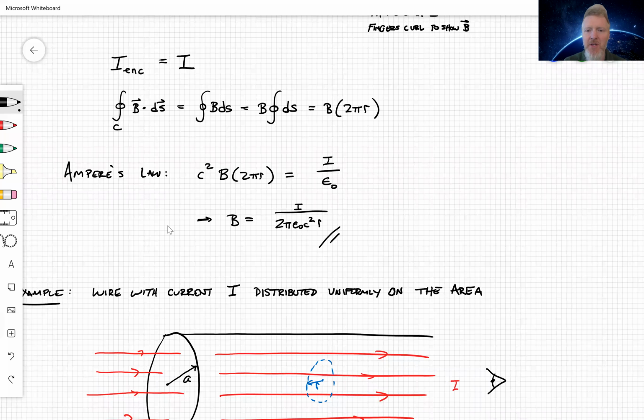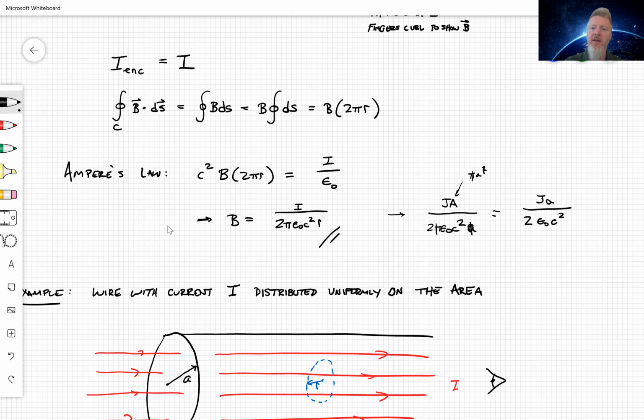I guess we can do it in terms of J. So B is I over 2 pi epsilon naught c squared r, but r is now equal to a because we're at the boundary. And I has to be J times pi a squared because it's the entire current. That's going to knock a pi out, and an a out, and I'm going to get J a over 2 epsilon naught c squared.